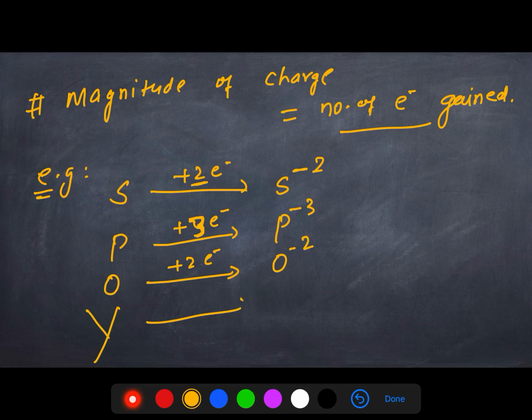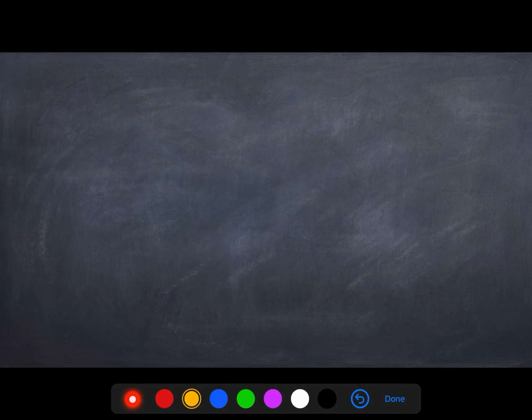Similarly, if oxygen gains 2 electrons, it will become O minus 2. If there is any atom Y and it gains m number of electrons, it will simply develop Y minus m. Fine. So we are quite clear on how the positive ions or the negative ions form, right?